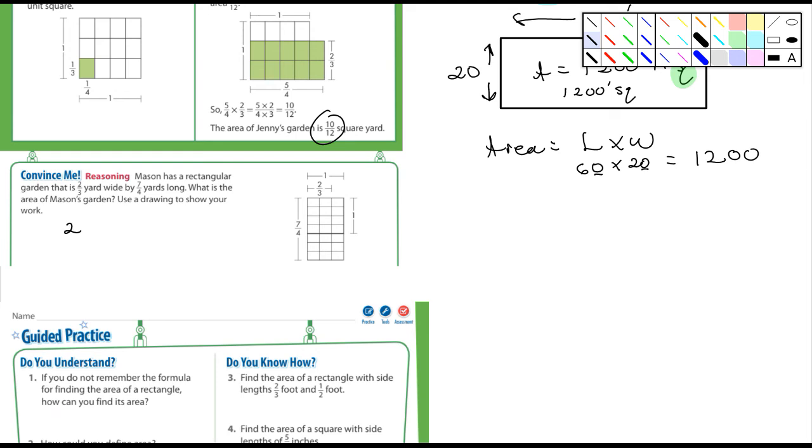We have 2/3 times 7/4. This is a rectangular garden, and they give the dimensions, and then it says, what is the area of Mason's garden? And it says, use a drawing to show your work. All right, so again, if the models help, that's fine. You can use the models.